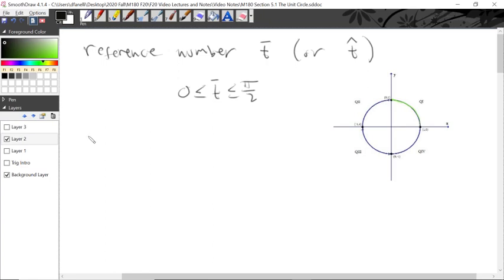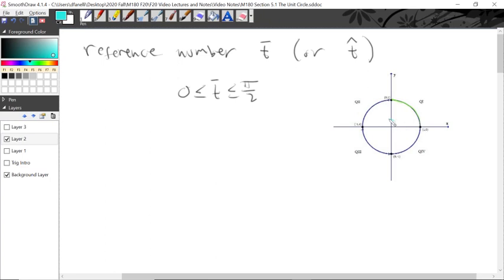Now we can use periodicity to take any value of t that is, let's say, larger than 2 pi or less than 0. We can always associate that with some coterminal value of t that would have been between 0 and 2 pi.